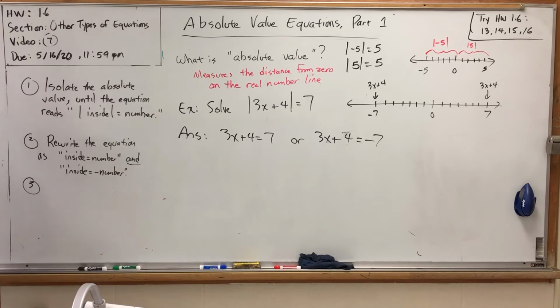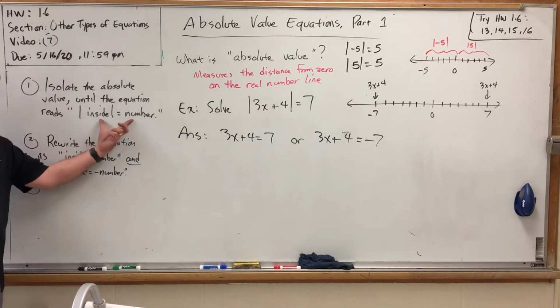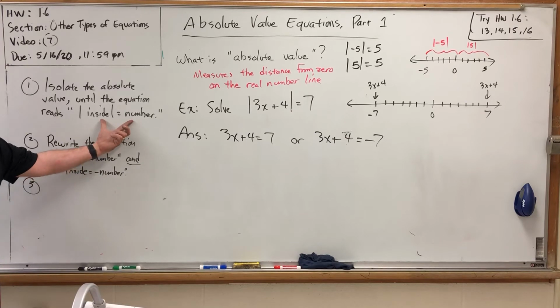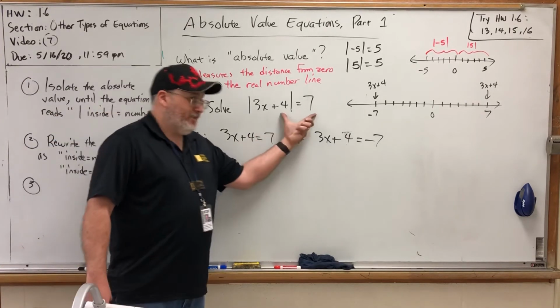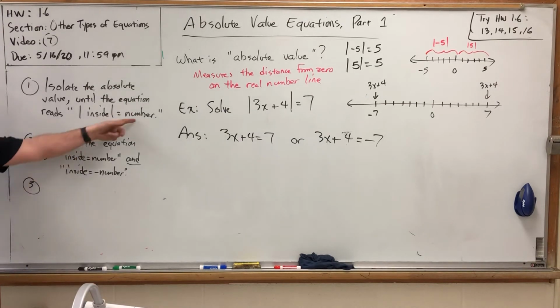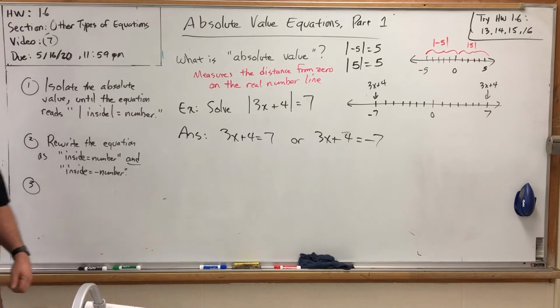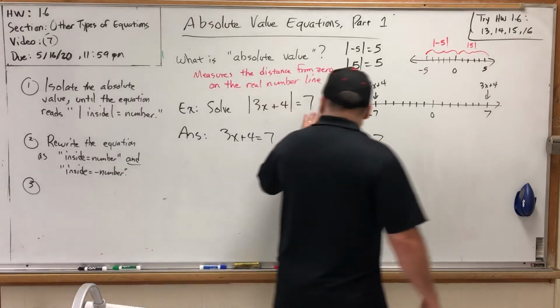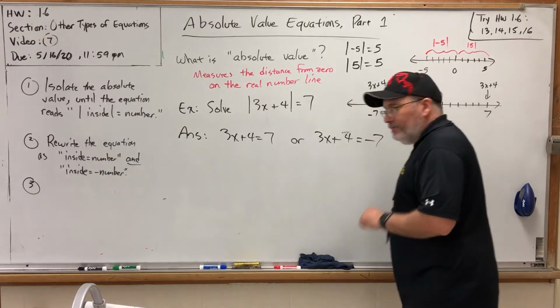So I guess I kind of had to give you the first step in order to make sense of the second step. Once you have an equation that says the absolute value of something on the inside is equal to a number, like this one started, then you can write two equations. Either the inside is that number, or the inside is the negative of that number. Either this is equal to 7, or this is equal to negative 7.